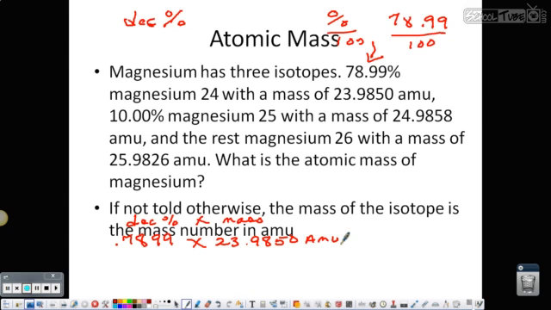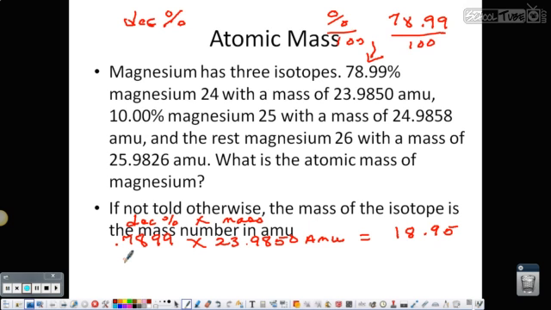Equals, alright, take out your calculator, 0.7899 times 23.9850 equals 18.95, because we have to round. And we need 4 significant figures. There's 4 significant figures here, so I need 4 significant figures in my answer unless I'm told otherwise.